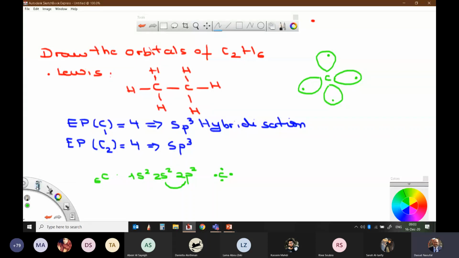I have another carbon; the second carbon has also the same structure, and we have four singles.